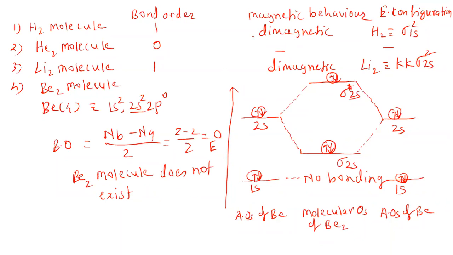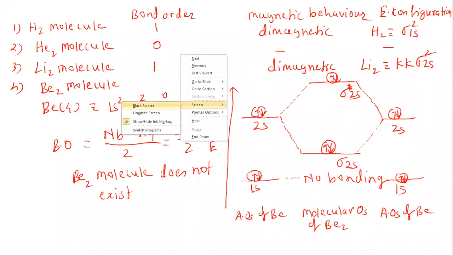Now I would like to draw the molecular orbital diagram of the next molecule. Before that, I would like to show what types of molecular orbitals are formed. First of all, we know that when a 1s atomic orbital overlaps with another 1s, two molecular orbitals are formed, that is sigma 1s and sigma star 1s.